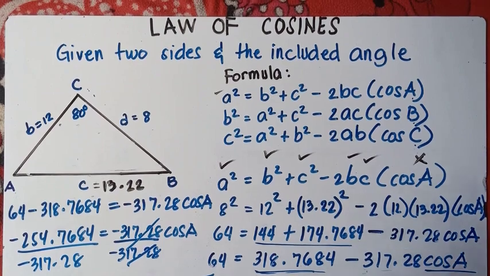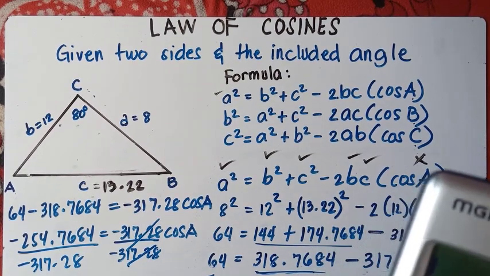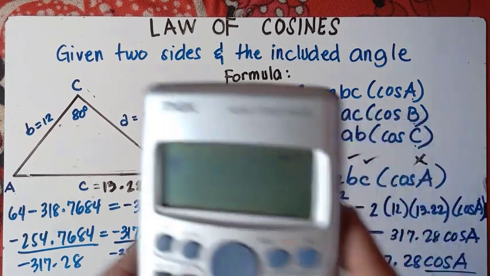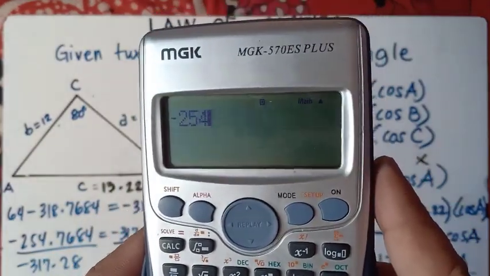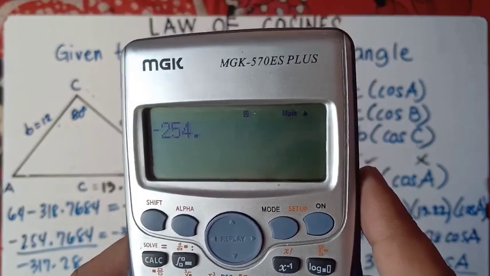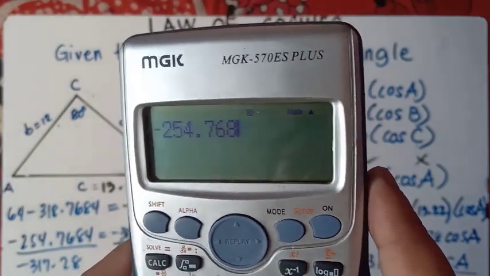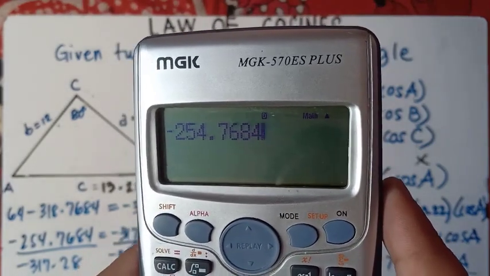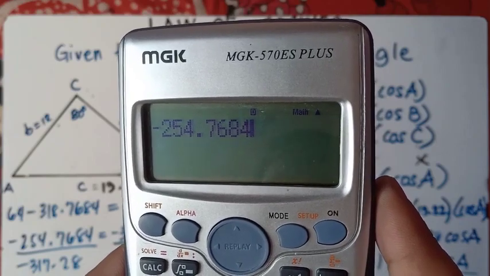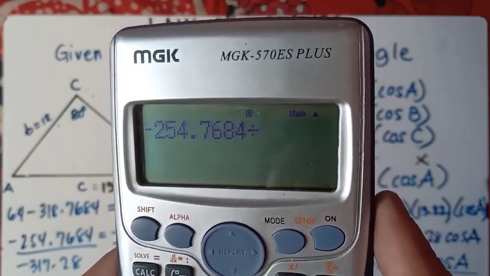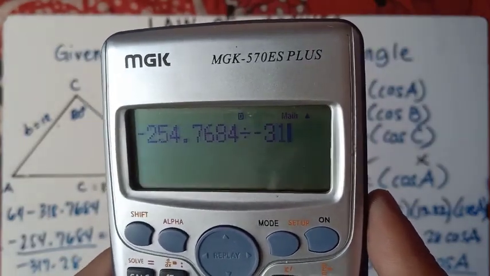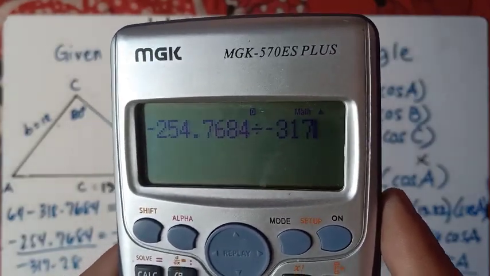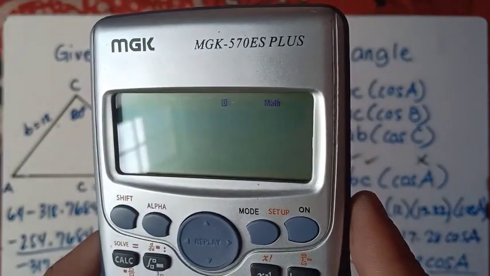So negative 254.7684 divided by negative 317.28.